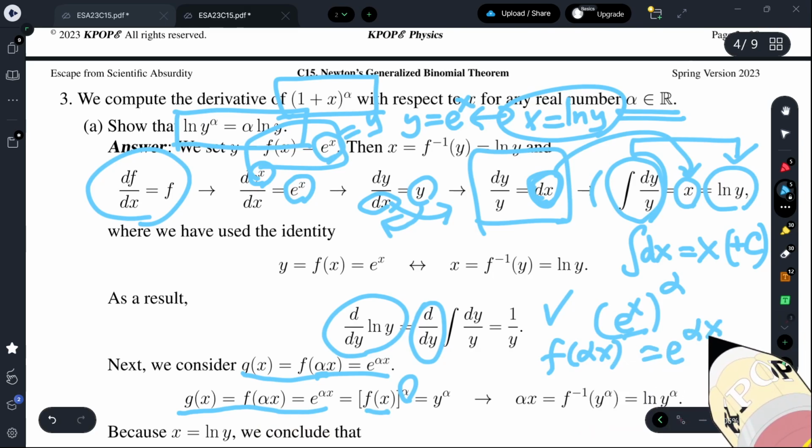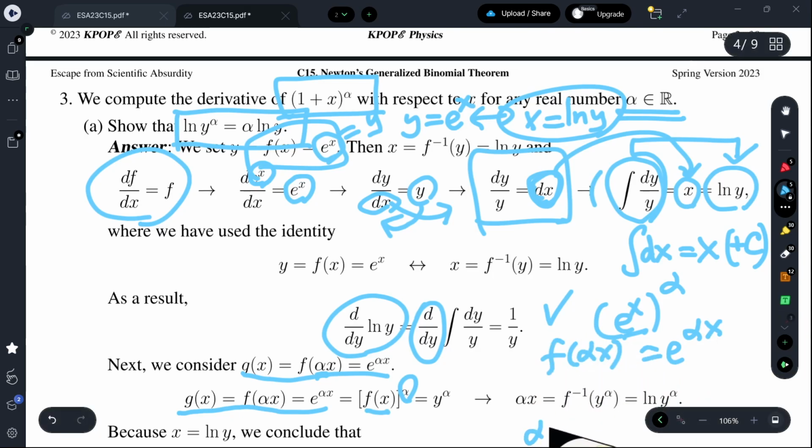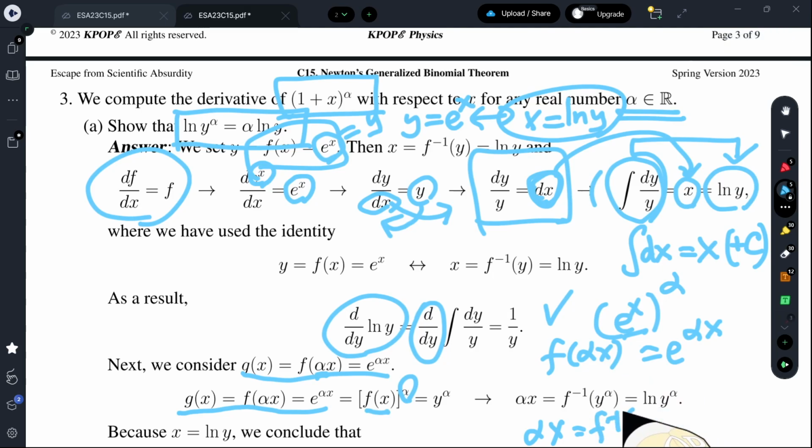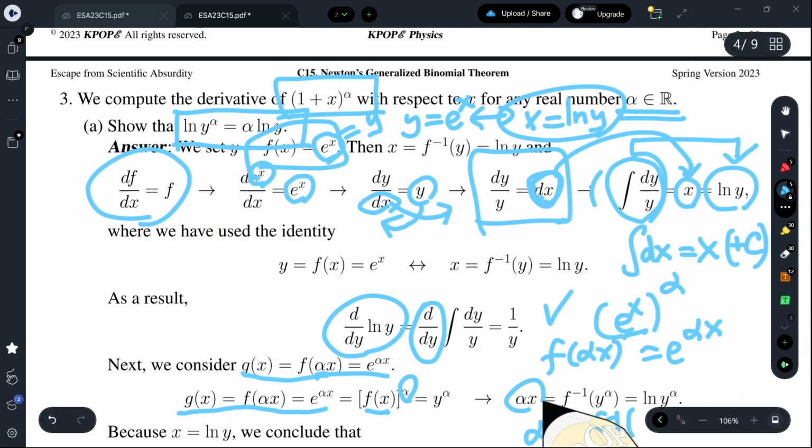And then we know what this inverse function is. So if I want to know what alpha x is, then I substitute the inverse. By the way, the inverse function is log, and the argument is y to the alpha, and we find that this is this.